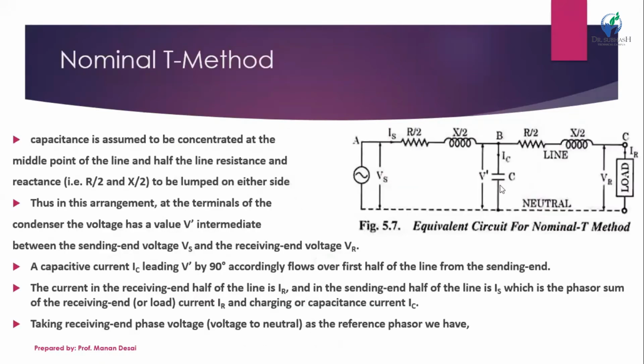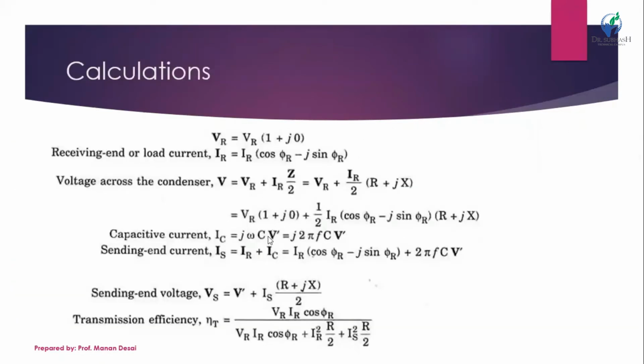Now, capacitive current. What is capacitive current? We can say j omega CV, where omega means 2 pi f. So IC is equal to j 2 pi f CV. Now IS.